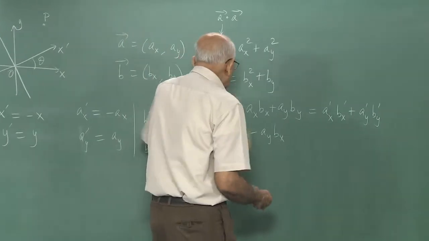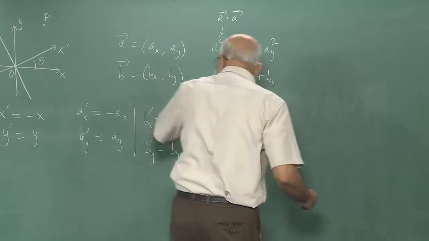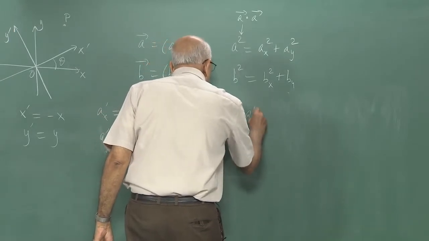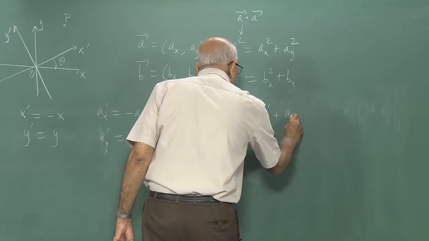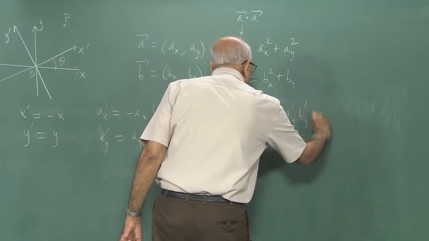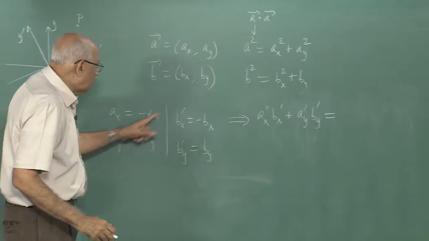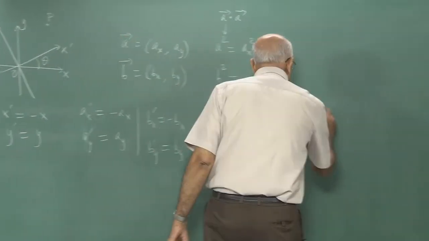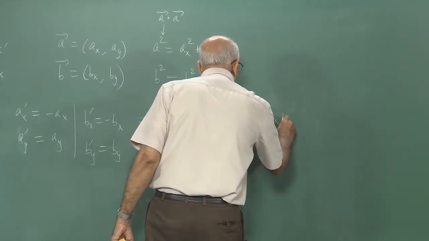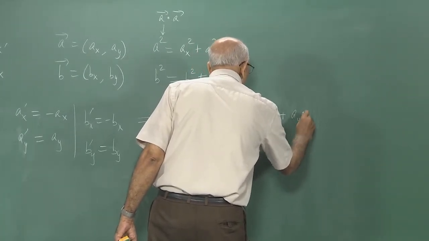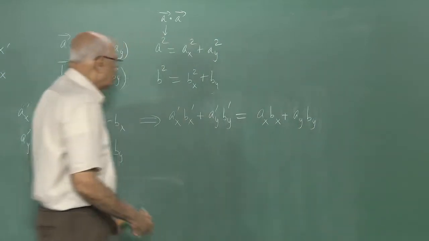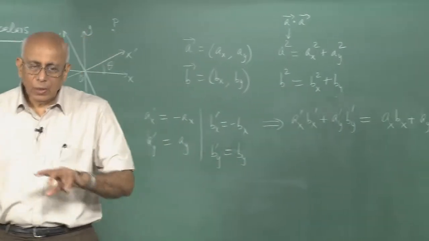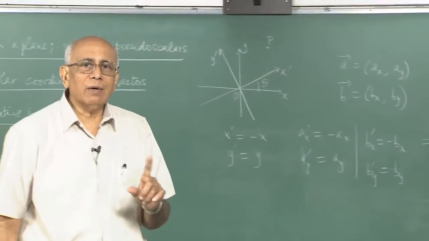Under such a transformation, this implies that ax prime bx prime plus ay prime by prime is equal to, this changes sign, so the product does not change sign. It remains once again ax bx, and of course the y's do not change sign at all, so ay by. Therefore this quantity is a scalar not only under rotations but also under reflections.